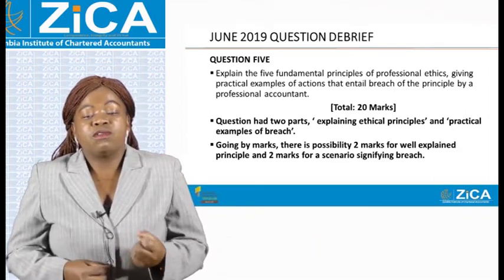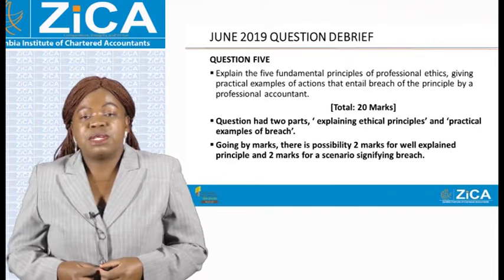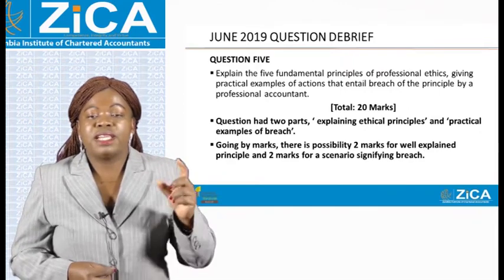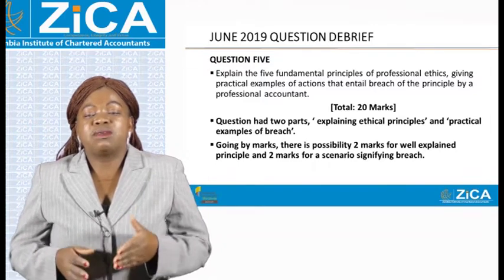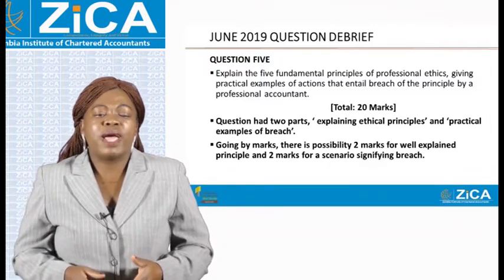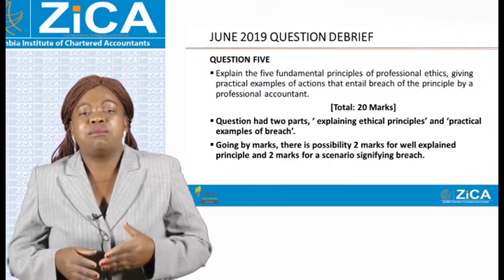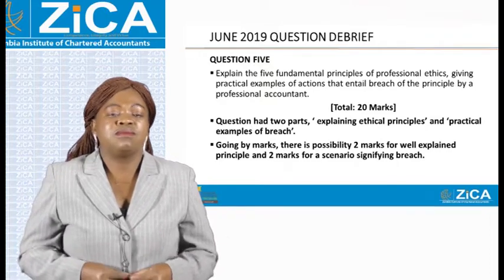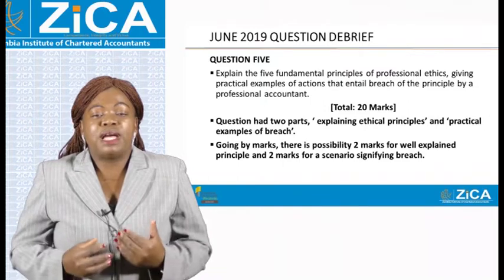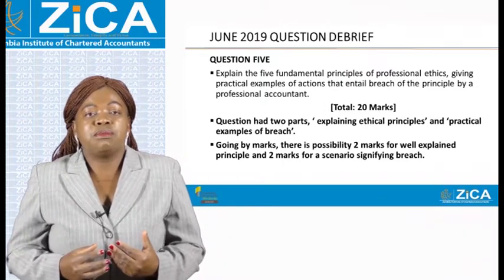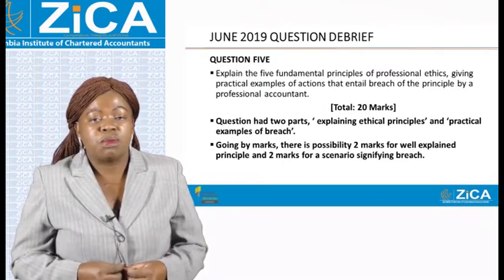If we talk about confidentiality as a fundamental principle, you could have identified, you could have explained. But the second part of the question required a practical example where there is actually a breach of confidentiality. So ask yourself to say, what is it that I would do in my office to actually breach confidentiality principle?